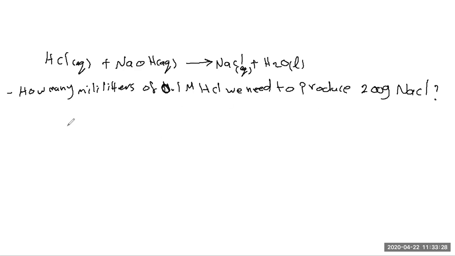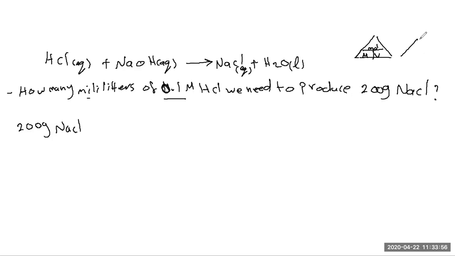Now, look at here, what they give you: 200 gram NaCl. Guys, here they are asking for a volume, milliliter, okay? We have the molarity. What do we need to calculate the volume? We already know molarity equals moles divided by volume.